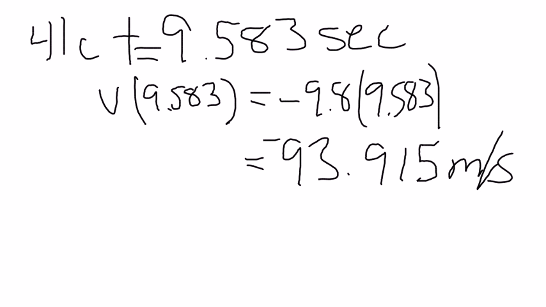So not too bad. And then D asks us to do the same thing as what we did in 41A, just now we sort of threw the stone off the building, so it has a velocity of 5 when it's dropped.